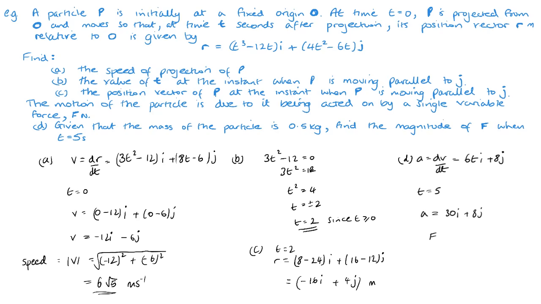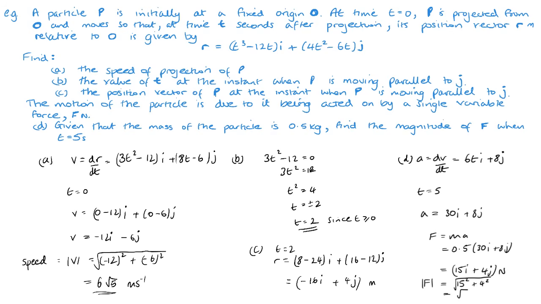Now for force, F equals ma, the mass was 0.5 and the acceleration is 30i plus 8j. So that is going to be 15i plus 4j newtons, which then, if we want the magnitude of that, we're going to have to do 15 squared plus 4 squared and then square root it.